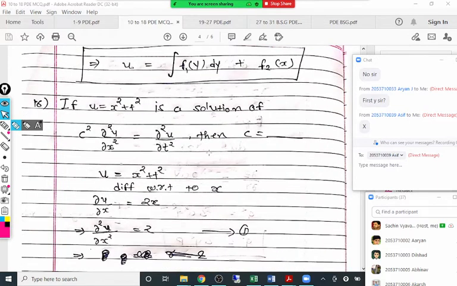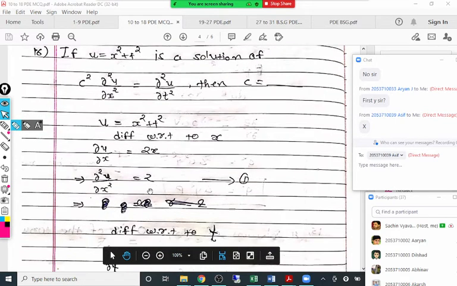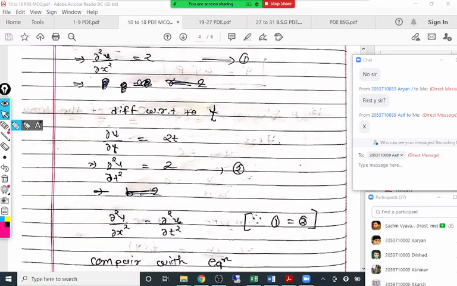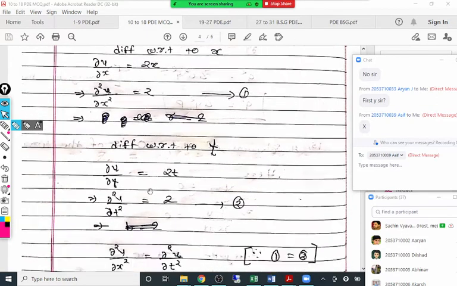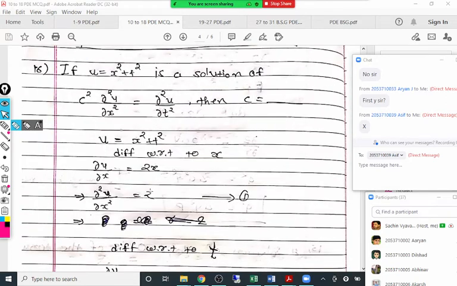16th, then u is equal to x square plus t square is a solution of this differential equation. Then c is... you have to replace these values. Yes, dou u by dou x is calculated, dou square u by dou x square calculated, similarly dou square u by dou t square calculated, and you will observe we get dou square u by dou x square equal to dou square u by dou t square.